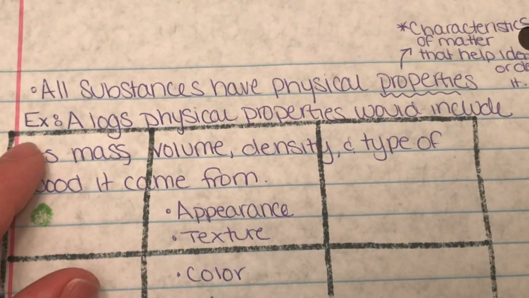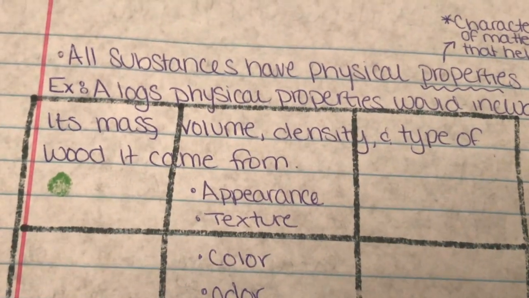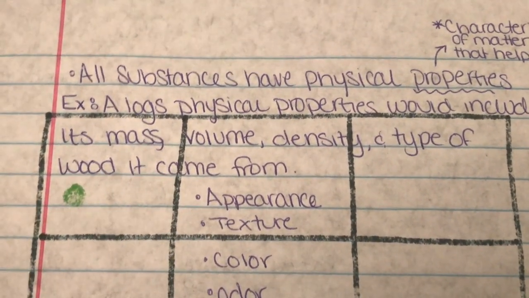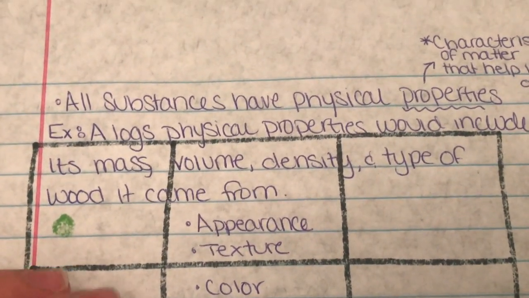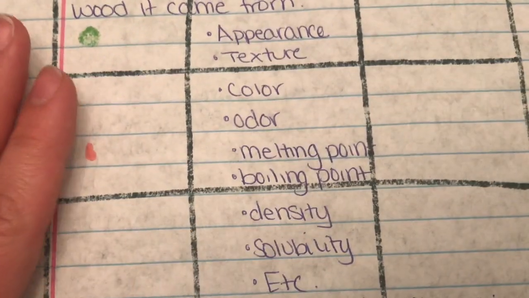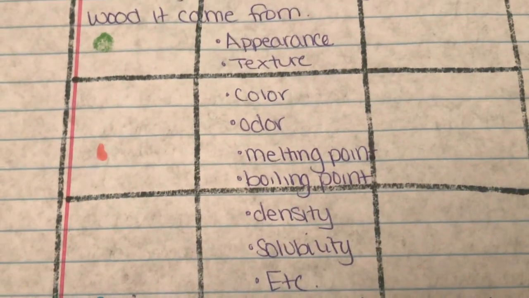For example, a log's physical properties would include its mass, its volume, its density, the type of wood that it came from. Really, physical properties are any of these below things, like the appearance. What kind of texture does it have? What color is it? How does it smell?